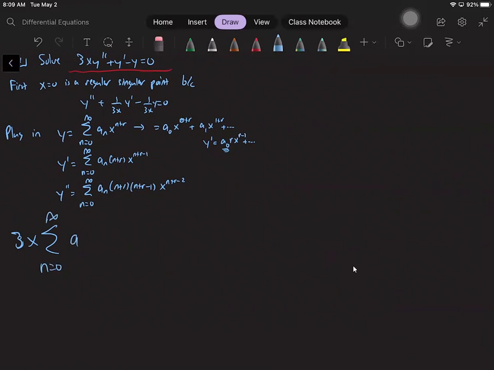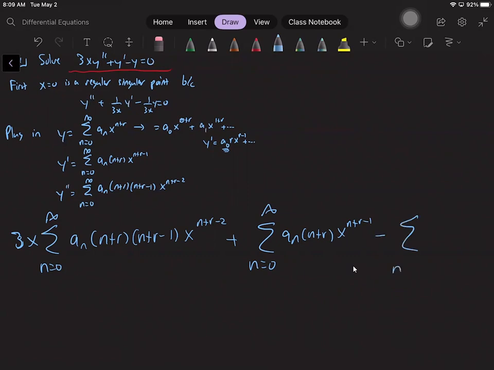Now this is going to take a very long time to simplify down until it looks nice, but that's okay. Then plus y prime. The algebra gets a little bit messy, so you do want to be careful.